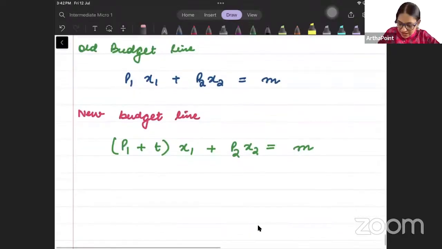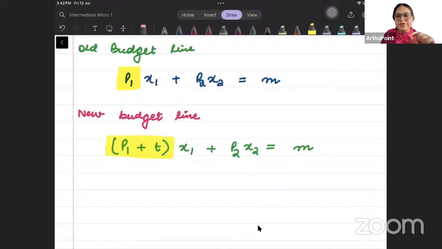So it is like the price of the good has increased. If price of commodity increases, we have already seen budget line will pivot inwards.